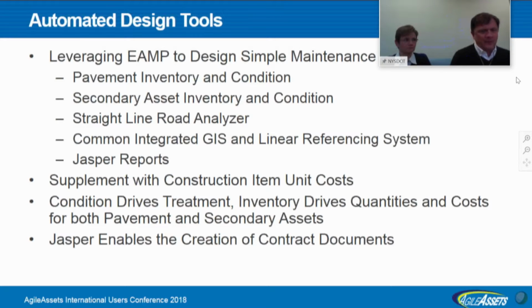Many of you might have seen this at the last IUC, where now you have your pavement inventory, your pavement conditions, your secondary asset inventory and conditions. They're all on a common GIS platform, common linear referencing system.